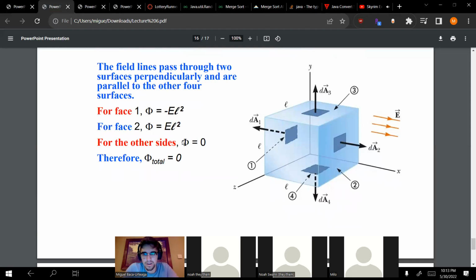So with this one right here, we're talking about negative electric field times L squared. That's for face 1, which would be the one on the back. For face 2, and for the other sides, it's 0 for some reason.